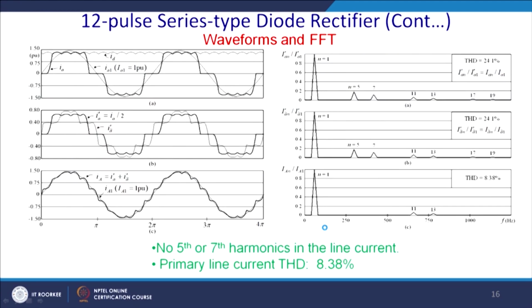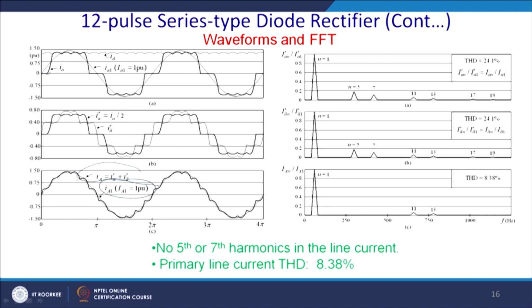This is the waveform for the first converter, that is IA, and for the primary, and this one is essentially IA prime, and ultimately these have to be added up. If you add them up you get this waveform as your input.